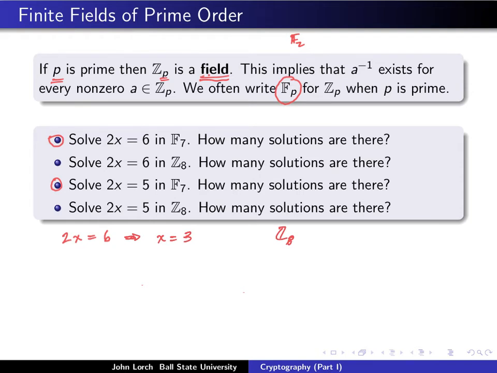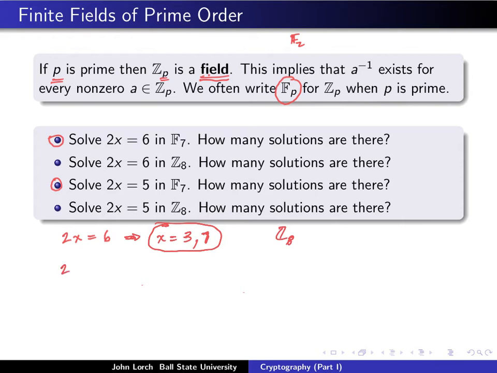The remainder there upon division by 8 would be 4. But what about 2 times 7? 2 times 7 is 14. Divided by 8, the remainder is 6. So x equals 7 also works. So this is rather peculiar, right? When we're working over Z8, we have this linear equation. We expect one solution, but really there are two solutions, okay, which is peculiar.